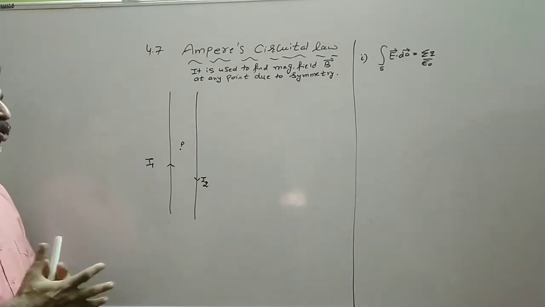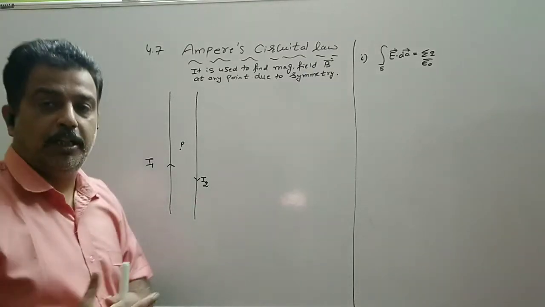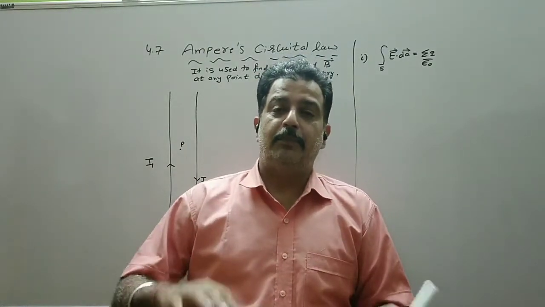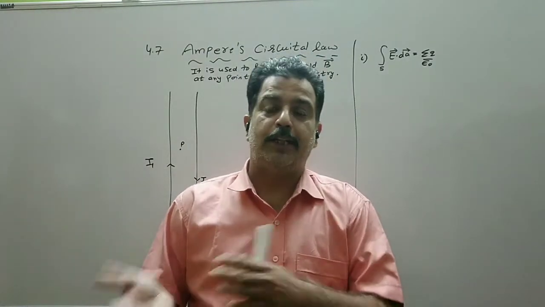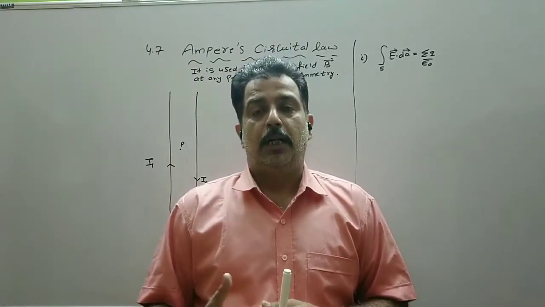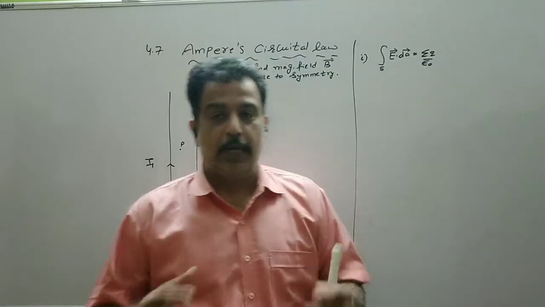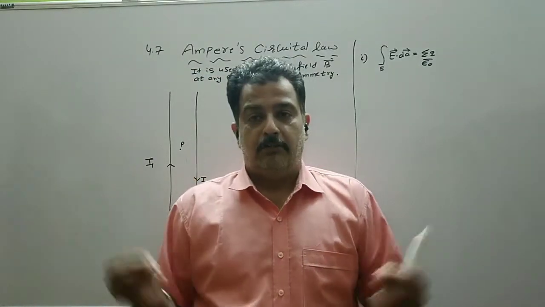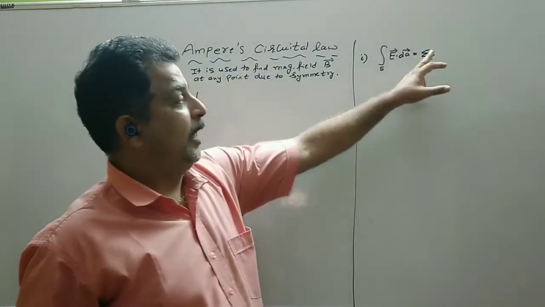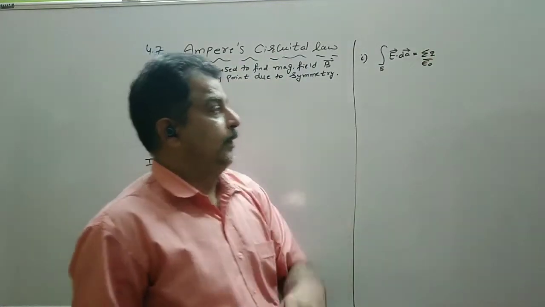Now the Amperian loop can be considered in such a way that the wire can be enclosed inside the loop or it cannot be enclosed inside the loop. There may be two situations. So either the wire is inside the loop or the wire is outside.